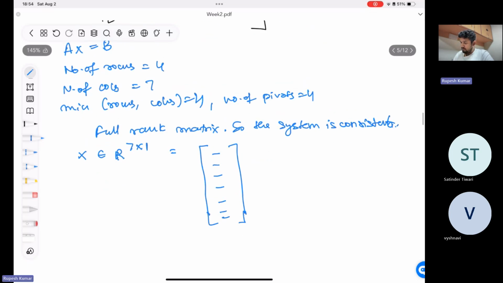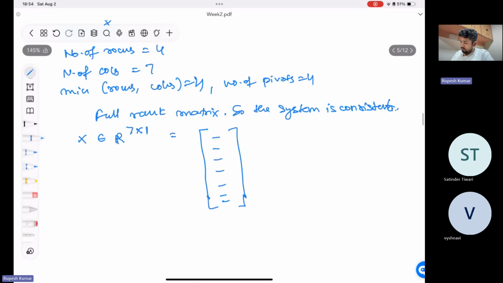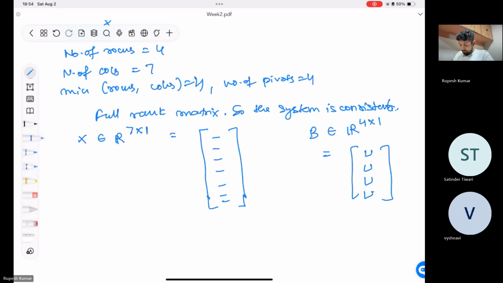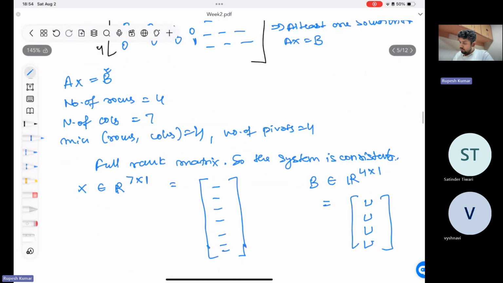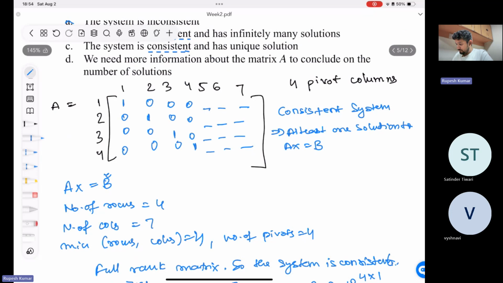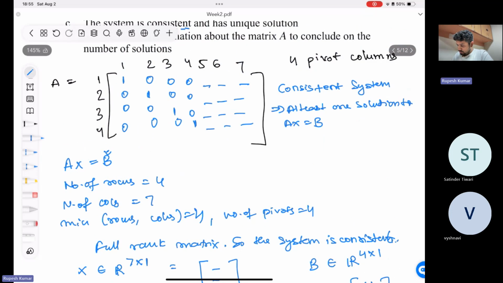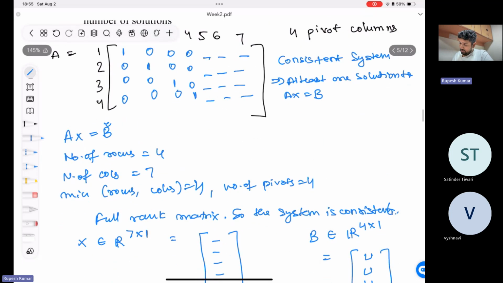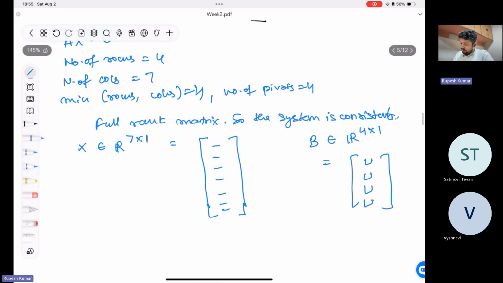And b will have dimensionality 4 cross 1: 1, 2, 3, 4. Whenever you take these dot products, you can have infinitely many combinations of the vector x that will satisfy Ax equals b. So you will get an infinite number of solutions.